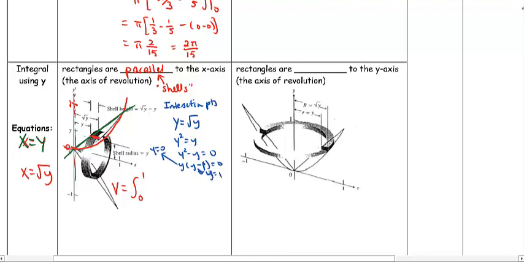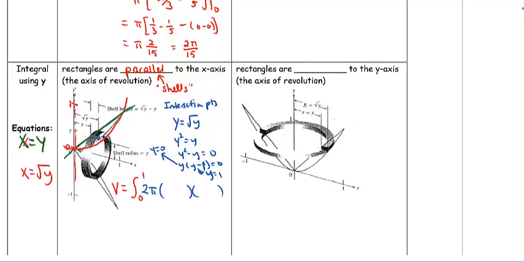Same answers. In this case, the cylindrical shell formula, the integral from 0 to 1 of 2 pi r and h. So r, once again, is the radius. What is the distance, or what is the radius from the representative element to the actual axis?